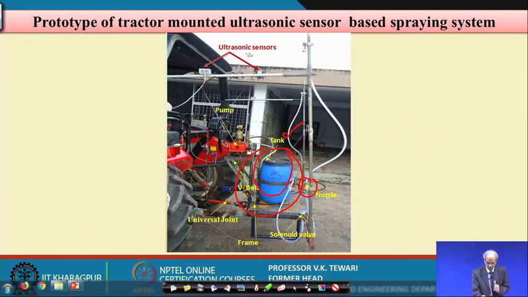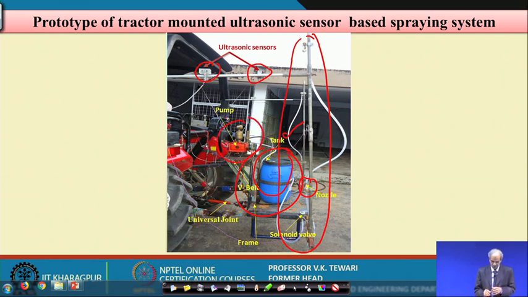Now, these are the other details. You can see that there are sensors put here, on two sides. When the system is going in, they are on the two sides, and this is the complete frame on which the whole thing is connected. And this is a pump.